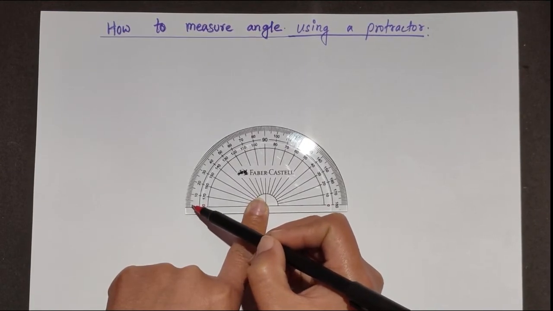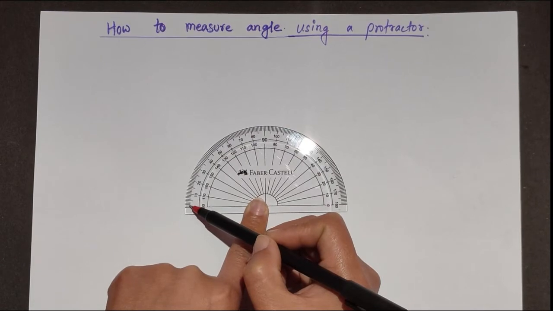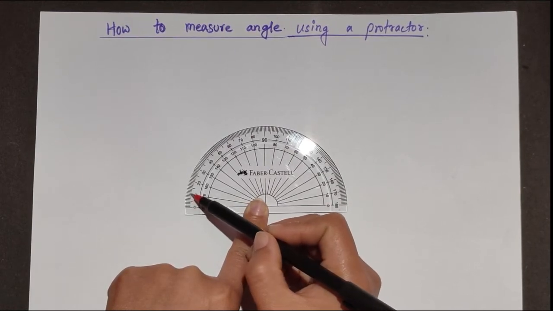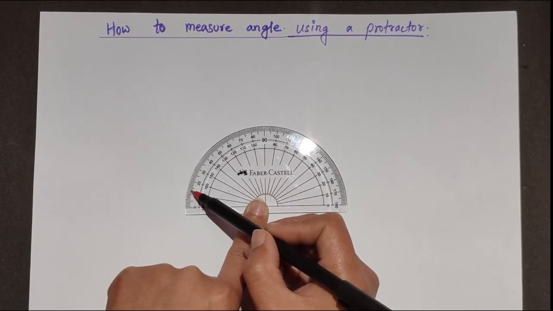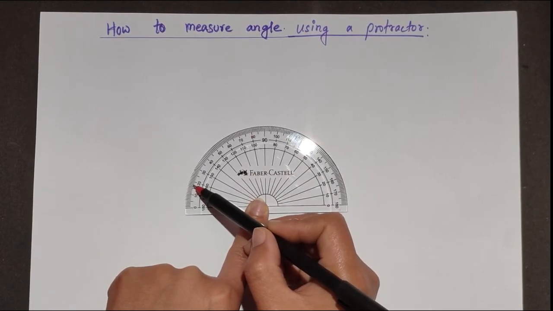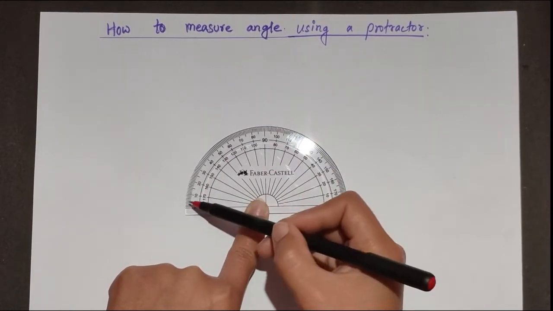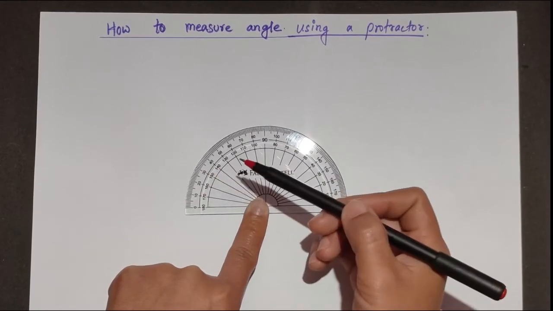The next lines will be 1, 2, 3, 4, 5, 6, 7, 8, 9, 10, and then it goes on to 11, 12, 13, 14, 15, and then 16, 17, 18, 19, 20. That's how it goes on. So this is how we read the lines on this protractor.